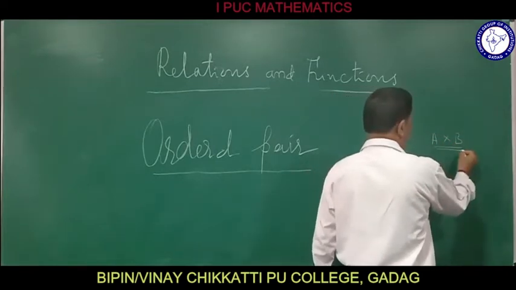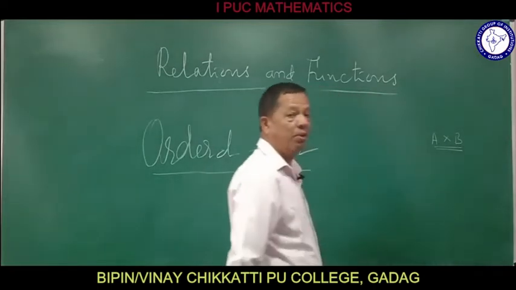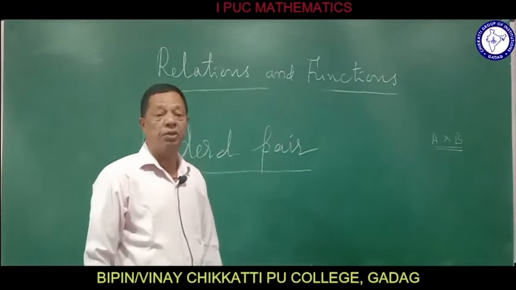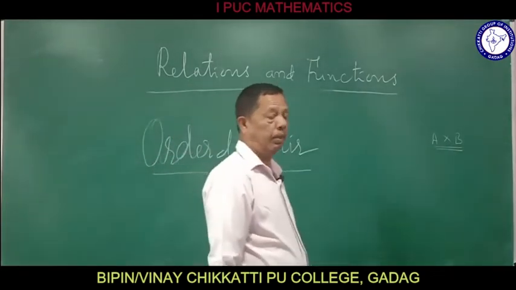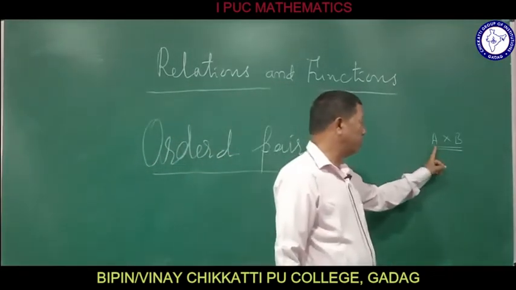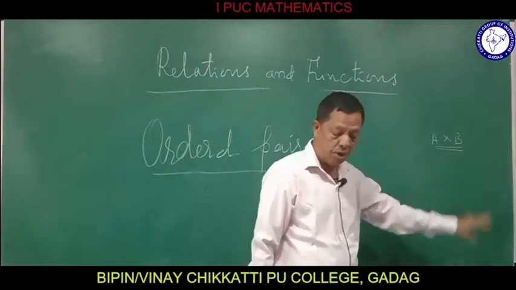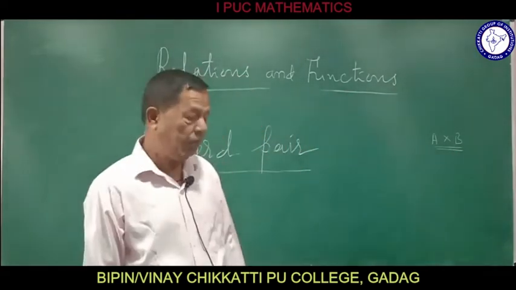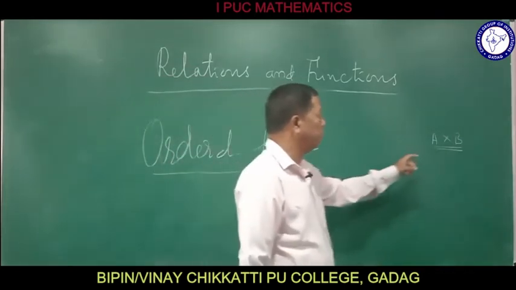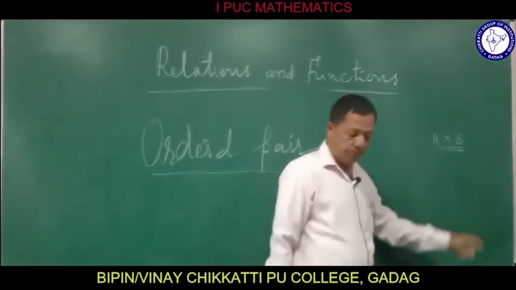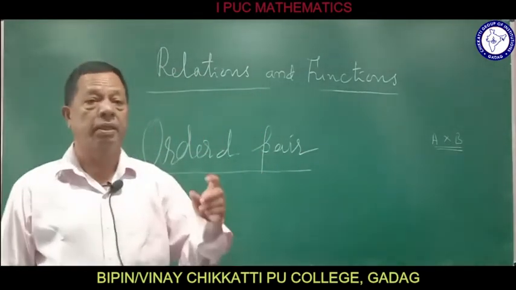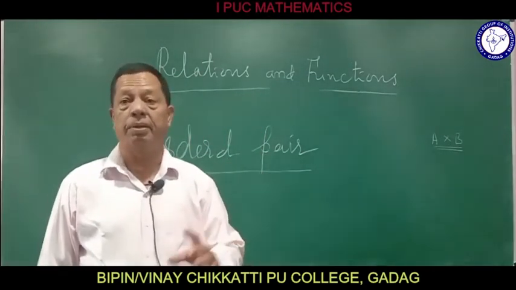A cross B, or you say A into B, is called the Cartesian product. Then their Cartesian product is written as A cross B. And here the question arises: why is the term Cartesian product used?